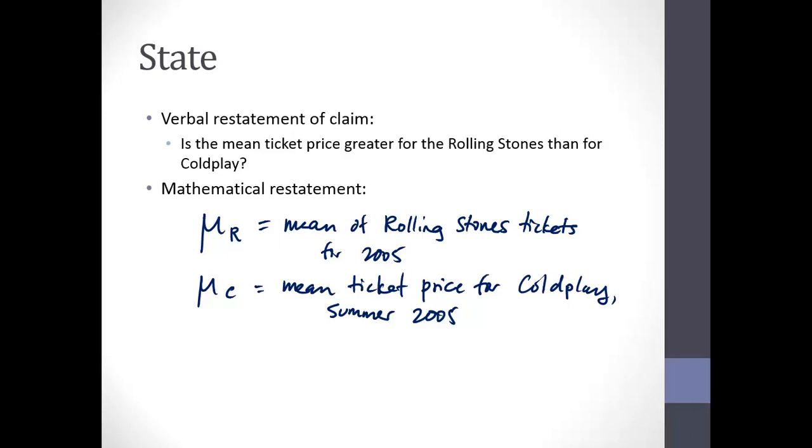Exactly. Thank you, Alyssa. So we want to know if the mean of the Rolling Stones tickets is greater than the mean of the Coldplay tickets. So in the symbols we've set up, that's mu sub r is bigger than mu sub c.